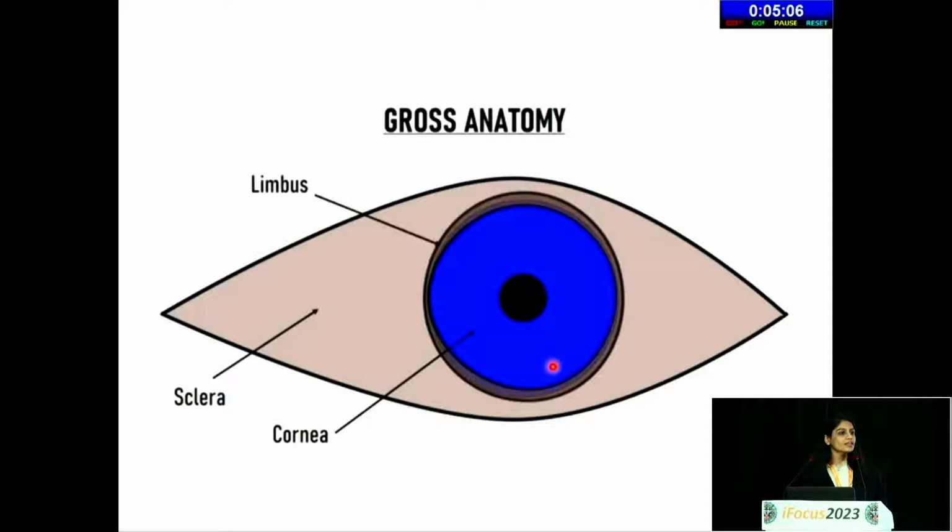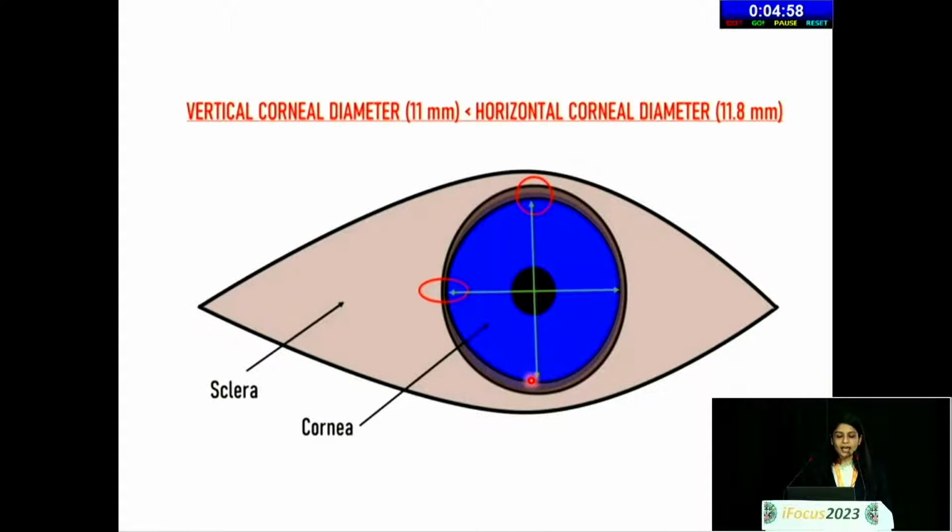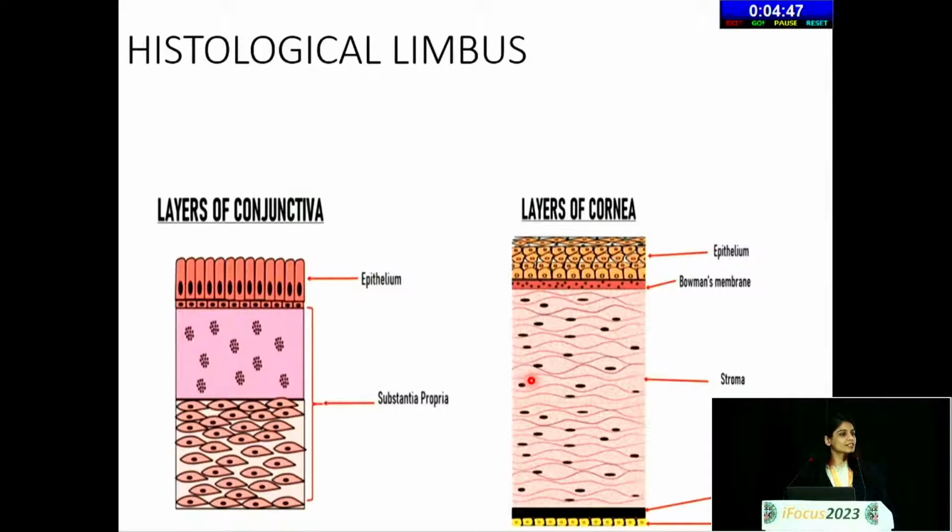But grossly, the limbus is not spherical, it's elliptical. It has more dimension in the vertical meridian as compared to the horizontal meridian, and this is the reason why the cornea has more diameter in the horizontal dimension as compared to the vertical diameter.